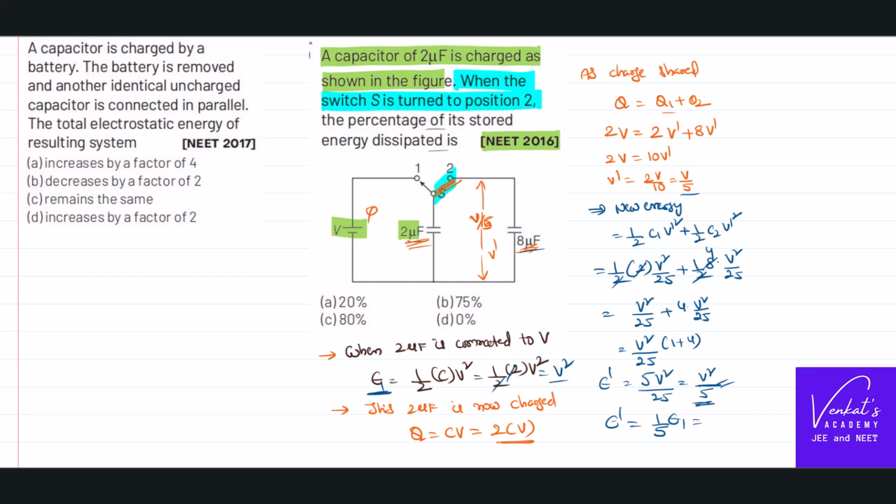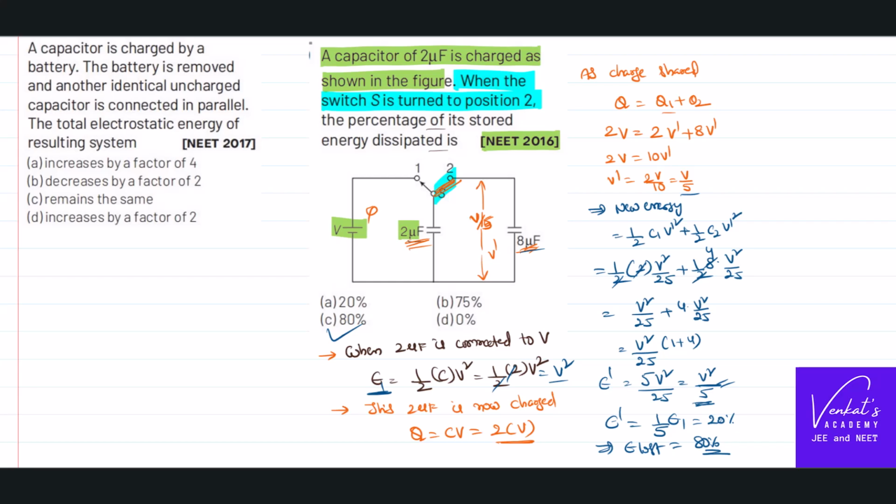So 1 by 5th is only present. 1 by 5th means 100 by 5, that is 20 percent. It implies energy lost is 80 percent. So 80 percent of the energy is dissipated. Once you are able to solve that problem, this problem becomes quite easy, because this is the same.